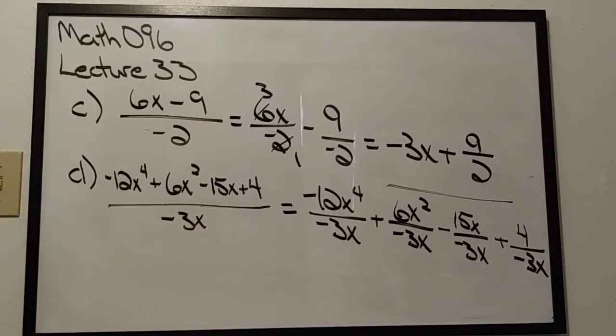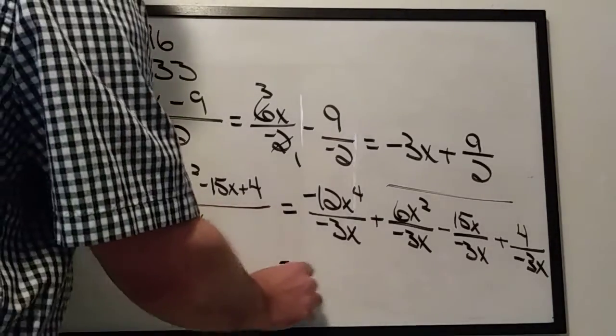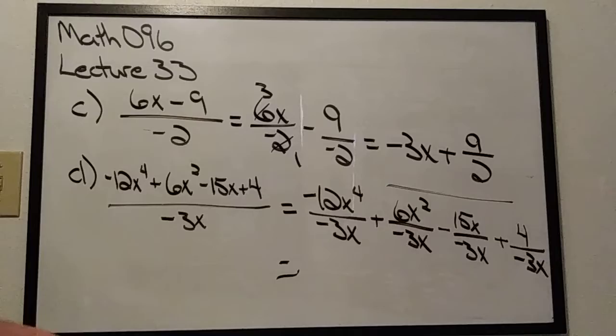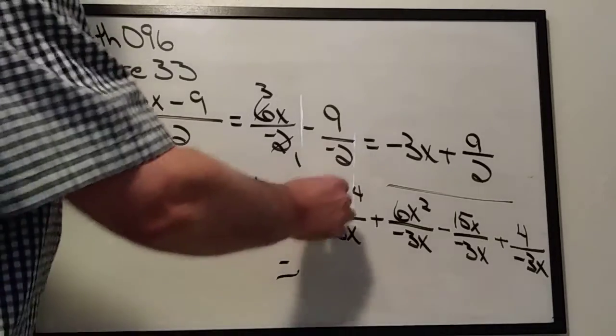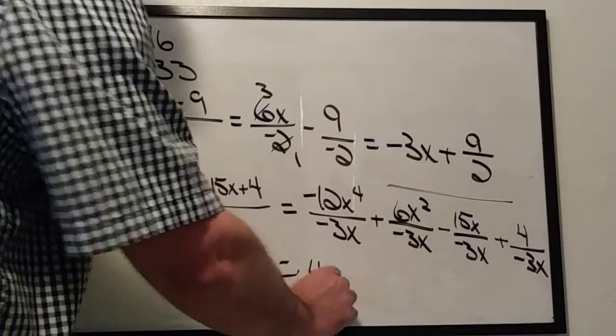So now what I have to do is look at each one of these and think about how to reduce these. At this point, I have to think about divisions involving integers, but I also have to think about my rules of exponents from a couple of sections ago. So, okay, let's play both of those games. First off, I have negative 12 divided by negative 3. Negative divided by negative is a positive. 12 divided by 3 is going to give me 4.